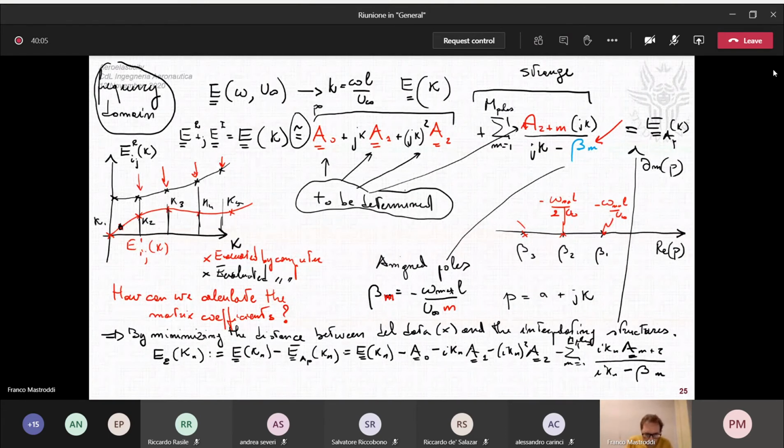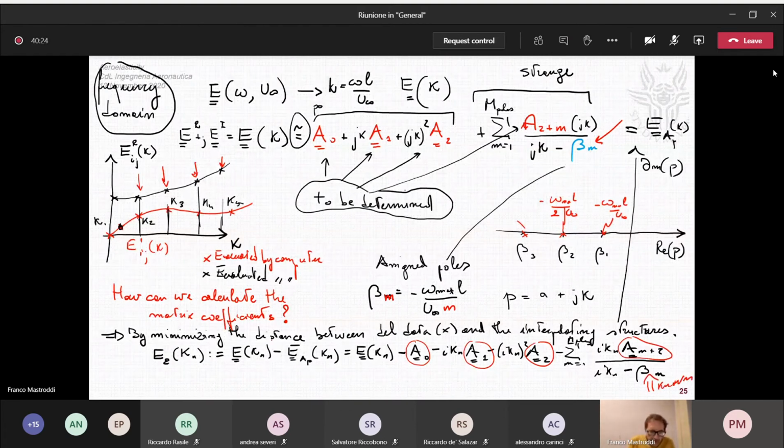Okay, so we have an error matrix which is a function of the unknown matrix coefficients, like this, this, and this, which are unknown. This is known.